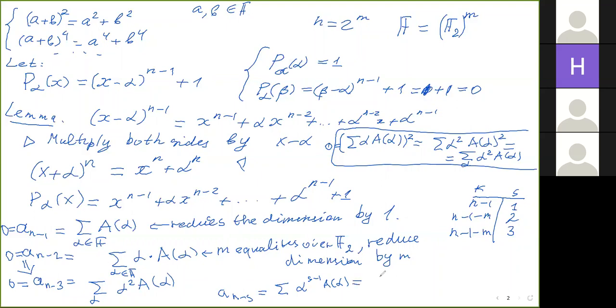And this is the same as the sum of alpha to the (S minus 1) over 2. Recall that we assume that S is odd, A of alpha.